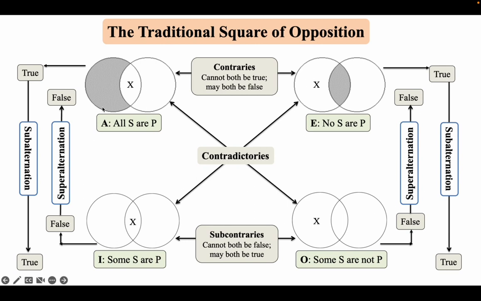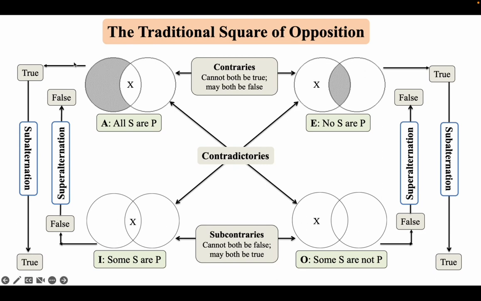So in the case of A, proposition I, the I form is the subaltern particular of A. And this relationship says that when we start at the top, when we start from the universal statement, any true universal statement logically implies the truth of the particular statement.